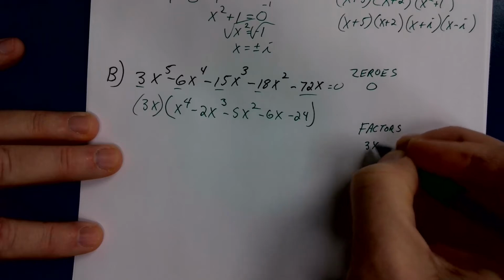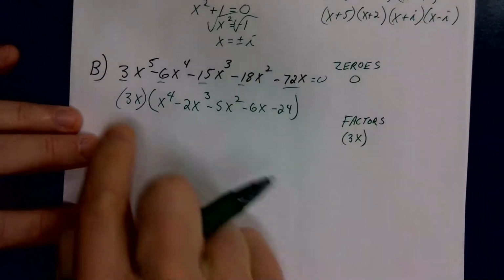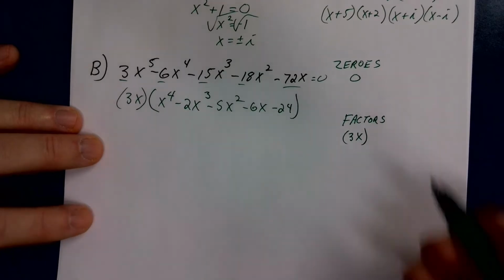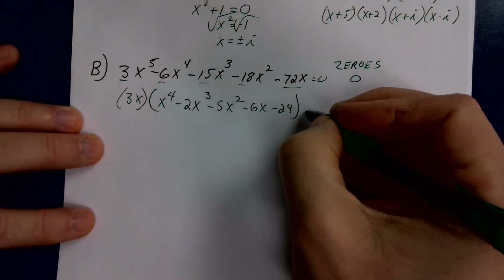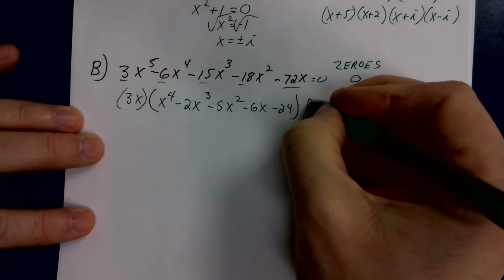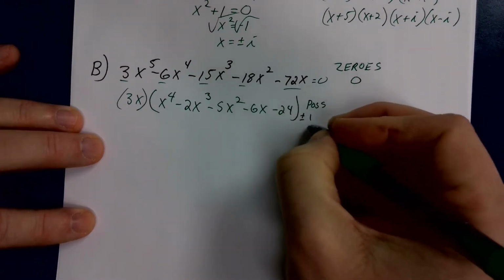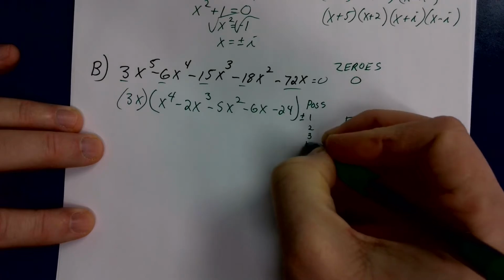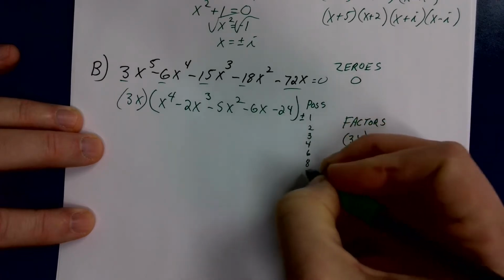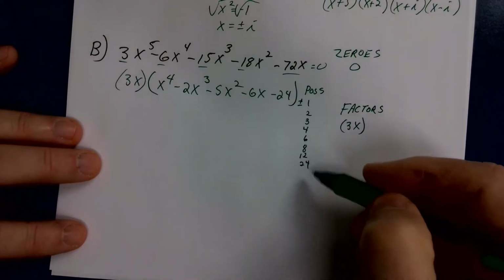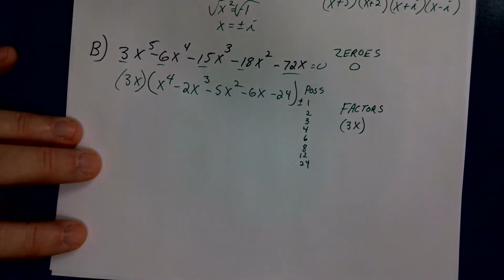So 3x happens to be one of my factors, and a 0 happens to be one from this. But now I'm going to work with this thing right here, which means I have to look at possibilities. What are my possibilities? Plus or minus 1, 2, 3, 4, 6, 8, 12, and 24. That's a lot of them, but that's what happens when you got a 24 there.